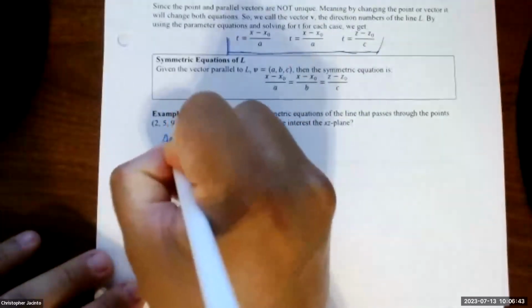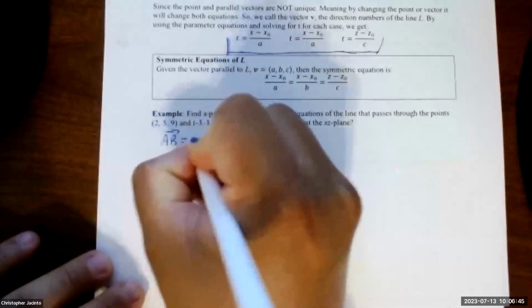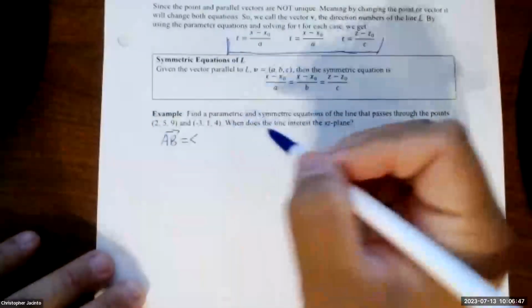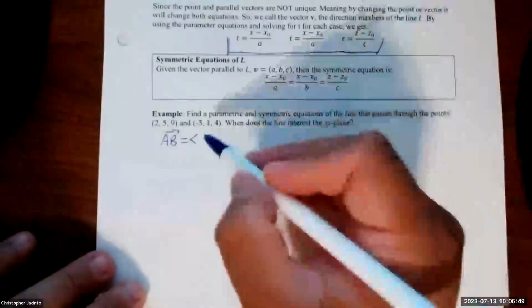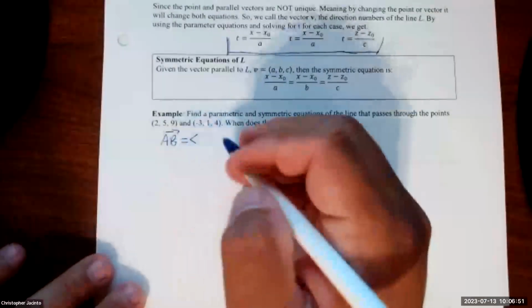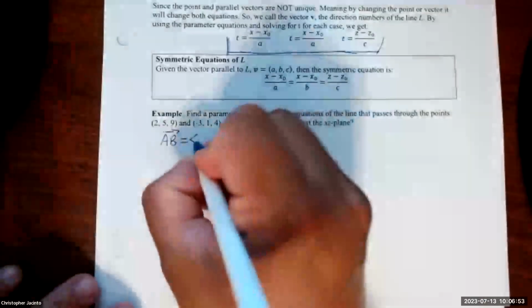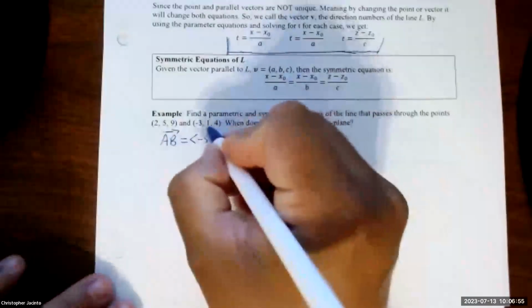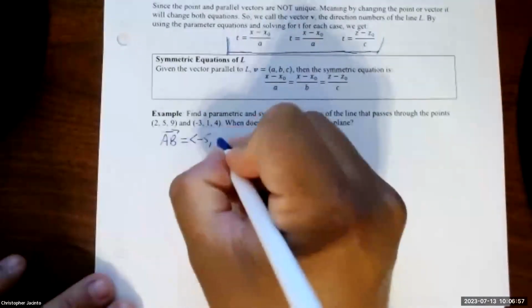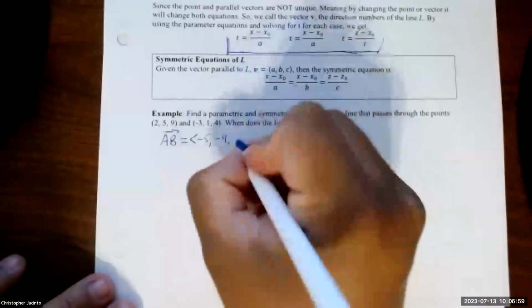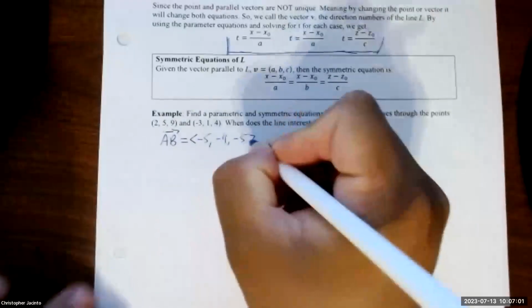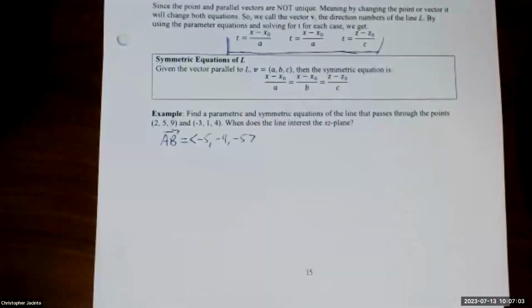We'll say vector AB, because we need one particular vector. So this is -3 minus 2, so -5. 1 minus 5 is -4. 4 minus 9 is -5. So that's our vector.